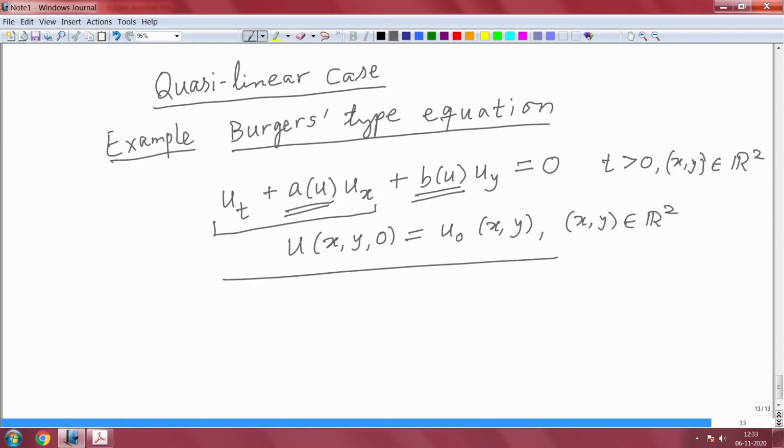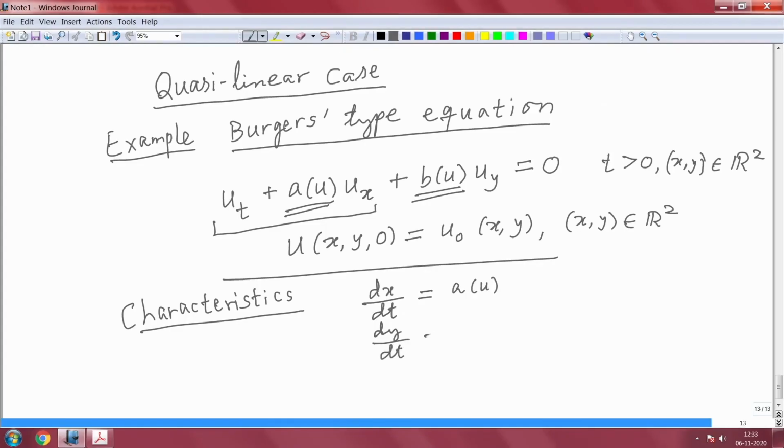So, here the characteristics again. dx by dt is equal to a(u), dy by dt equal to b(u).